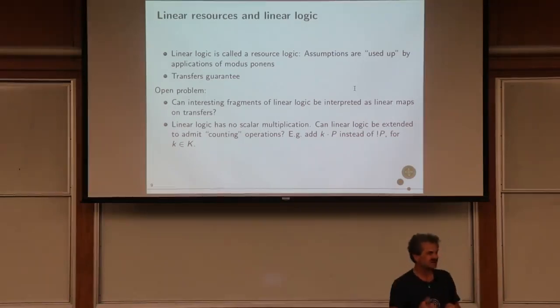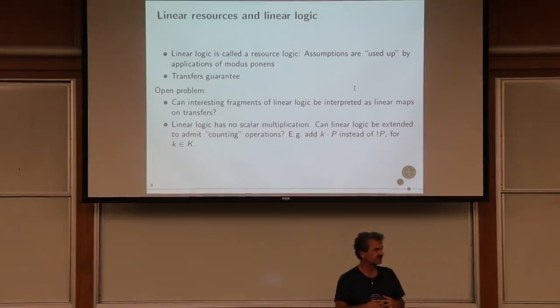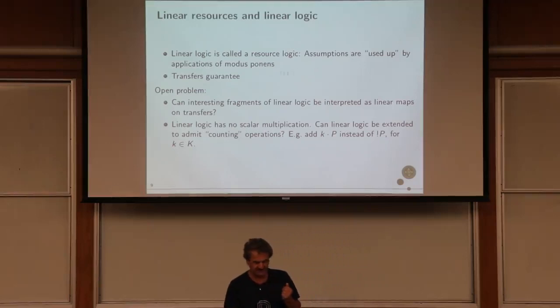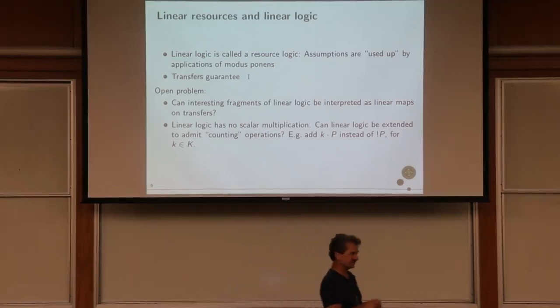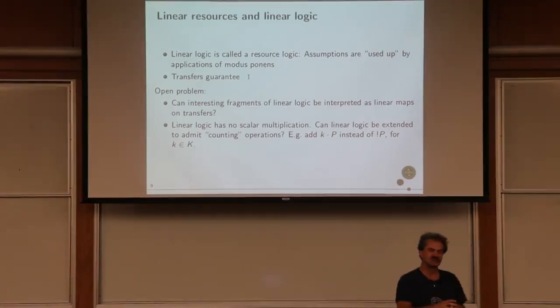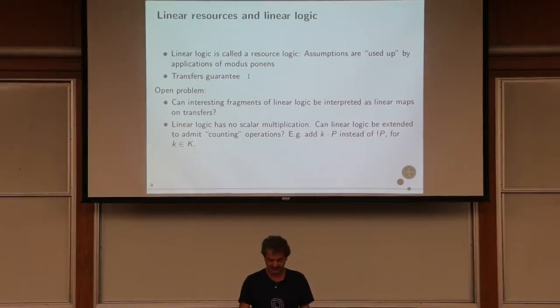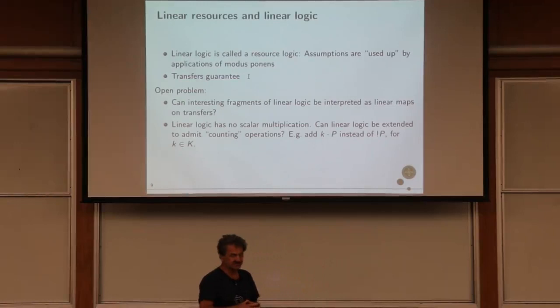It's gone, so you can't use it twice. And the transfers here guarantee something, namely they also guarantee linearity, so the preservation of the total amount of resources. So the question you would ask, which is open and kind of interesting to me at least, is whether interesting fragments of linear logic can be known as linear maps on transfers.